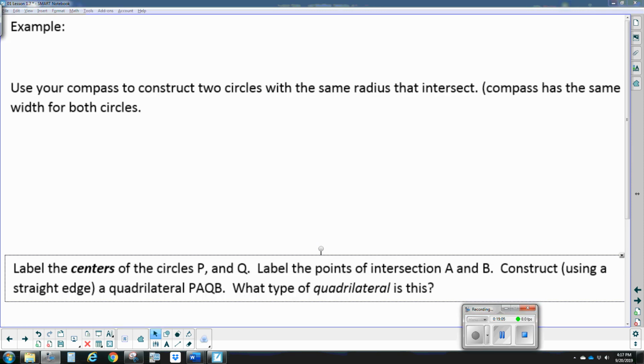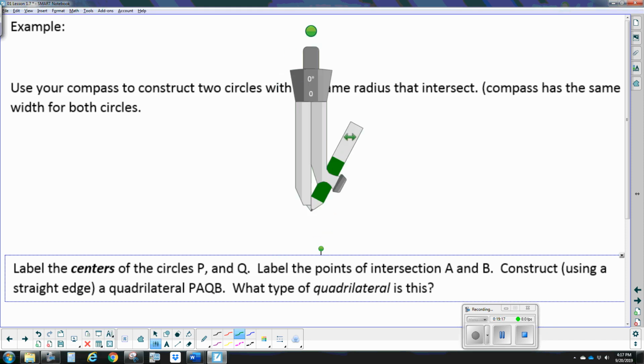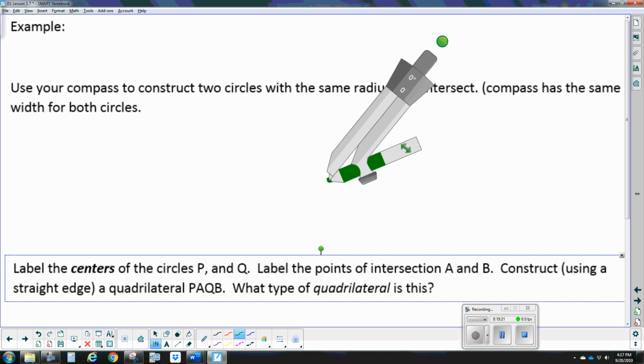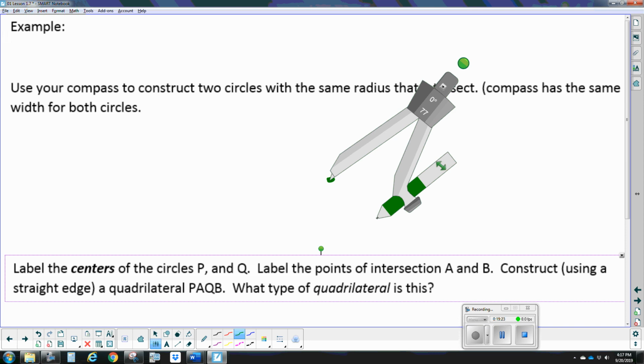Okay, and then we have a last example. So it says, use your compass to draw two circles with the same radius that intersect. Okay, so to do that, I'm just going to put a point for my center, and I'm going to use my compass. And to make sure the radii are the same, I'm just going to leave it open the same amount. Okay, so I'm not going to adjust the opening of my compass.